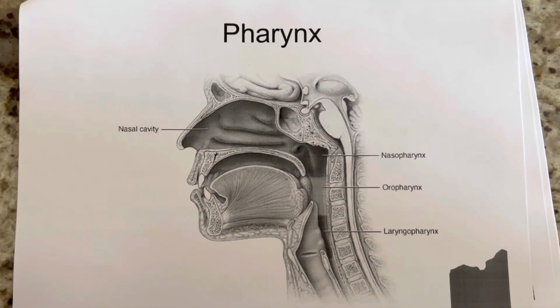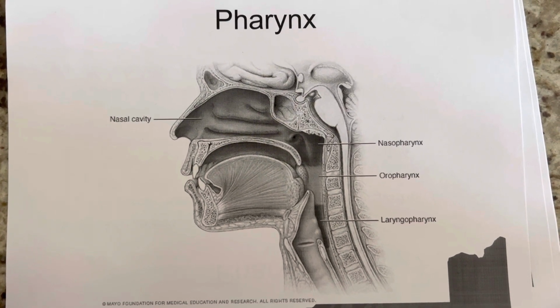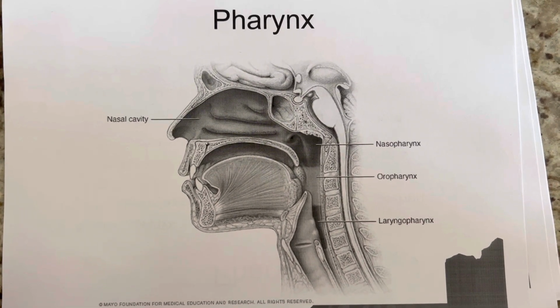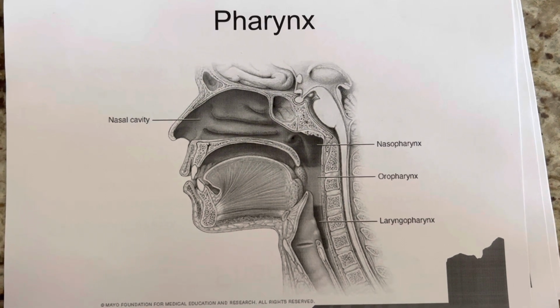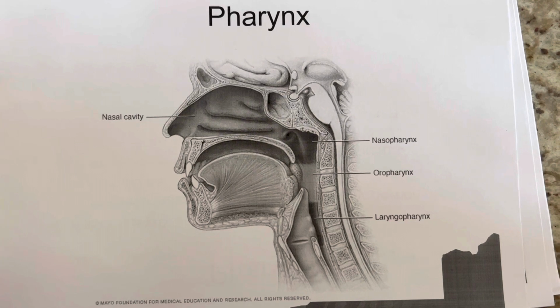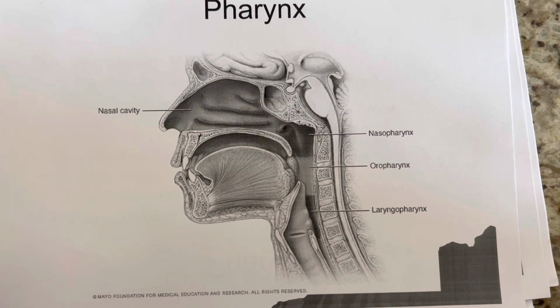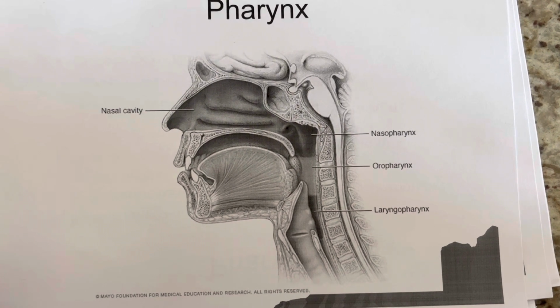That's the nasal cavity. Nasopharynx. These are the pharynxes. Nasopharynx is in the back of your nasal cavity. Oropharynx is in the back of your oral cavity.